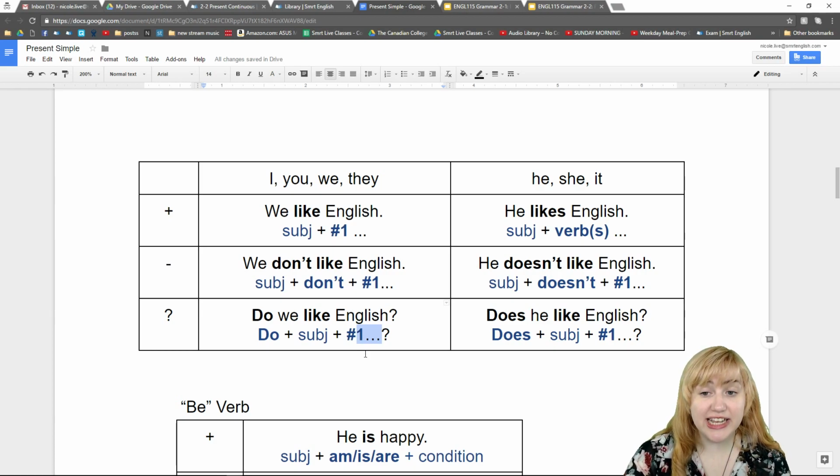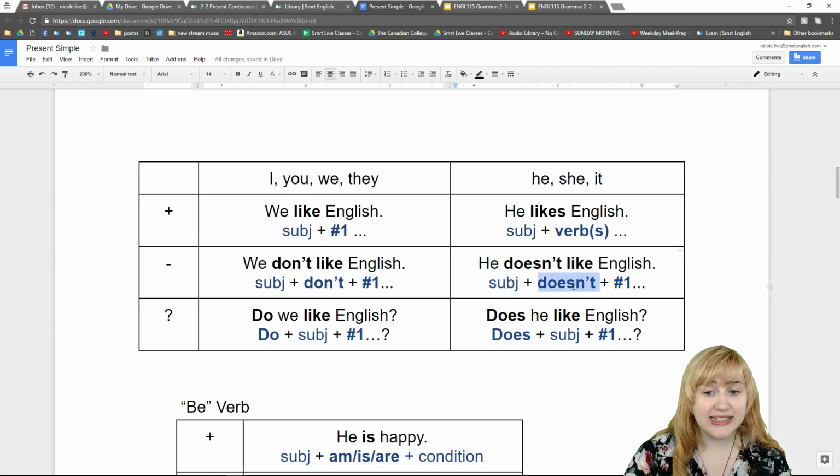For he, she, and it, it's different. So for he, she, and it, for the positive, we're going to add an S on our number 1 verb. So we're going to say, he likes English. Subject plus verb S. For the negative, though, we say he doesn't like English.